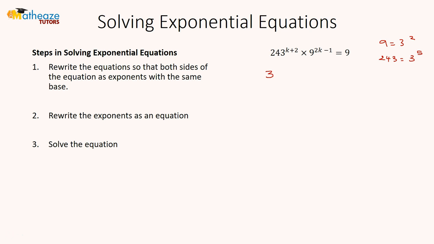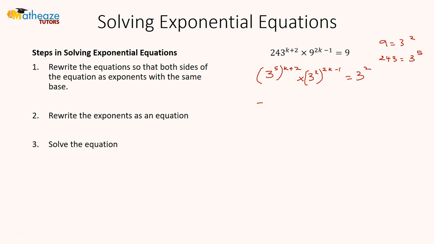So we have 3 to the power of 5 to the k plus 2, multiplied by 3 squared to the power of 2k minus 1, equal to 3 squared.